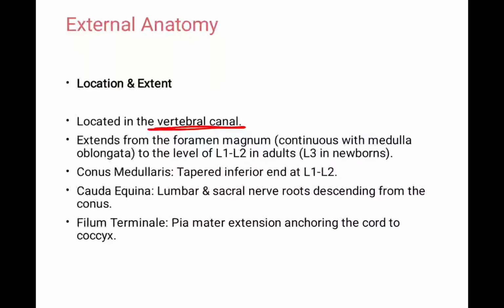So it extends from the foramen magnum, which is continuous with the medulla oblongata, to the level of L1 to L2 in adults, while for neonates or for newborns it extends to L3. We have the conus medullaris, which is a tapered inferior end at the level of L1 to L2.